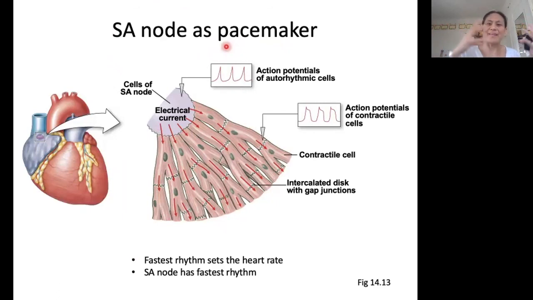And thereby it's going to control the rate at which the heart contracts, okay? And the reason for that is that it has the fastest rhythm. It has the fastest rate at which it fires its action potentials. Again, we'll go over this some more in class.